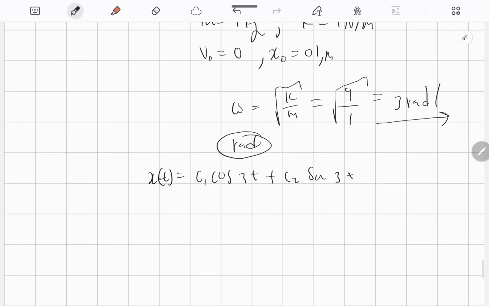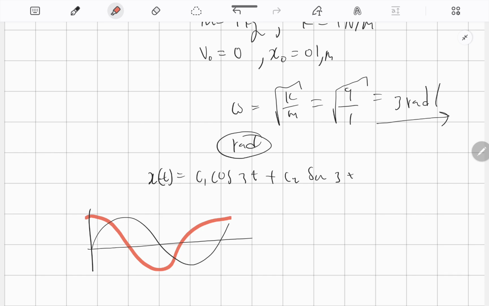So let's also think about something here. Let me draw some sine curves, and maybe cos, I think cos looks like this, but I really don't mind what's going on after. I'm interested in the first points. So here at time 0 we know that cos is equal to 1.